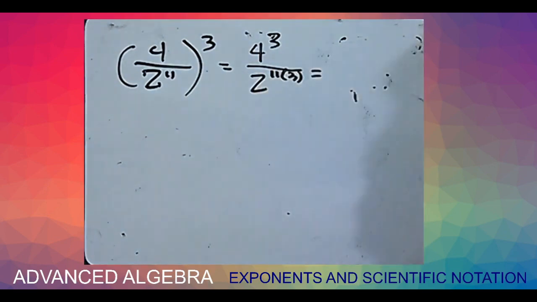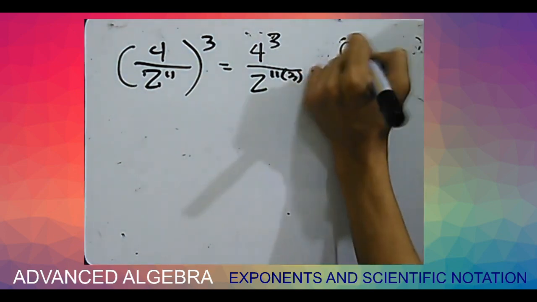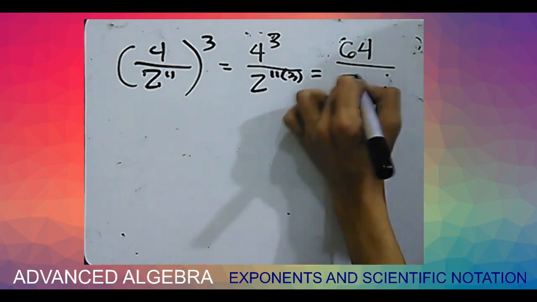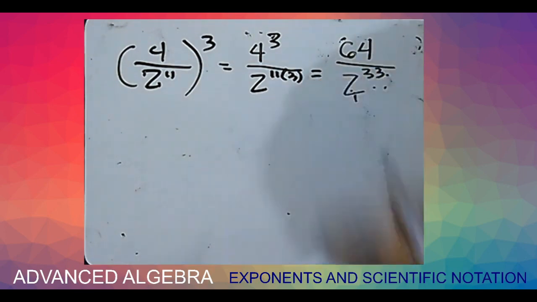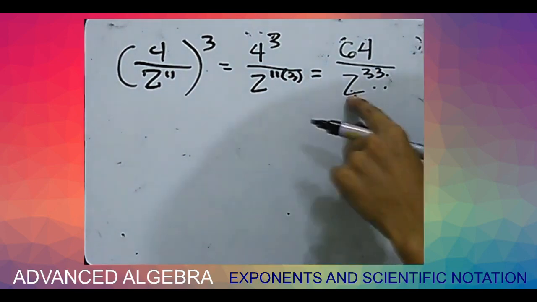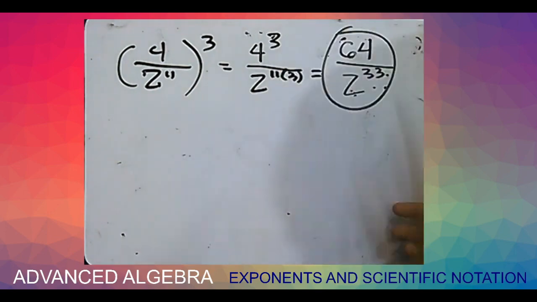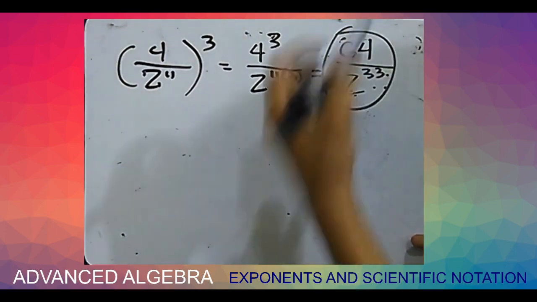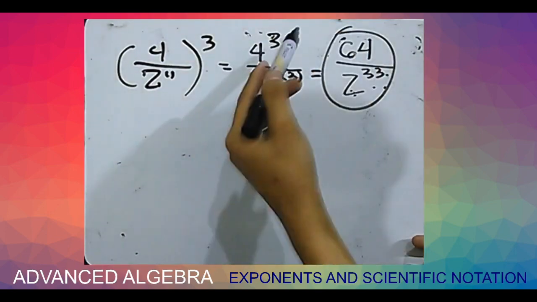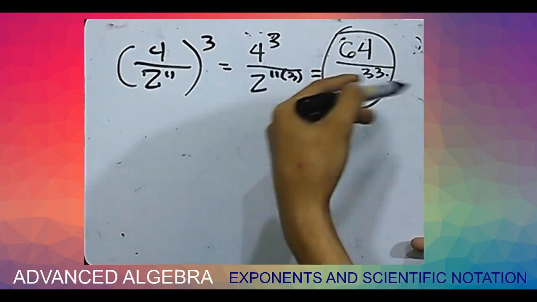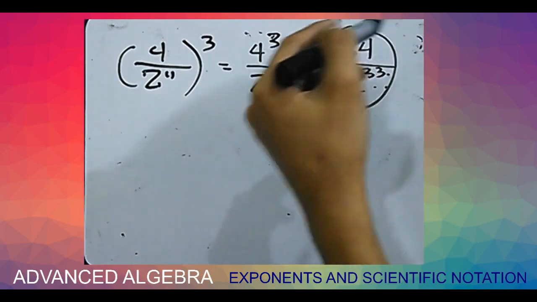So 4 to the third power is 4 times 4, 16 times 4 is 64. So divided by z to the 33 power. So ito na yung sagot pag sinimplify natin, pero kapag hindi pinasimplify, magiging 4 to the third power over z to the 33 power. So ano yung sagot?